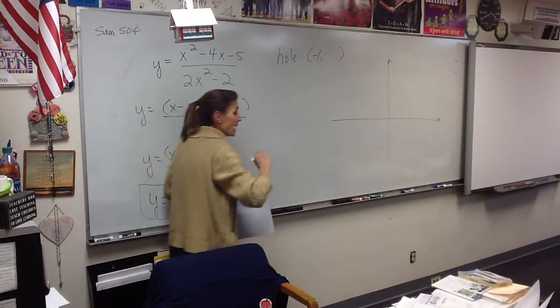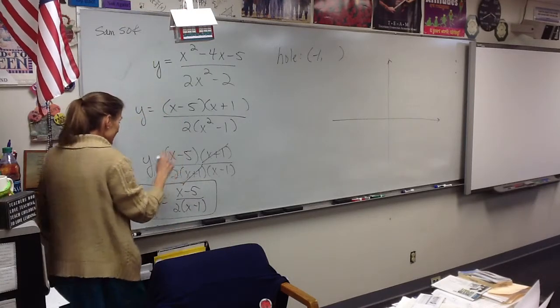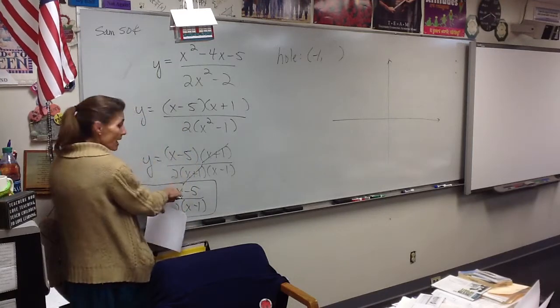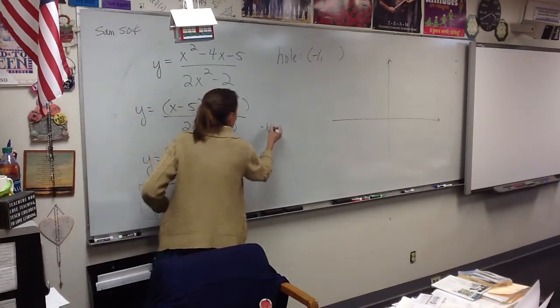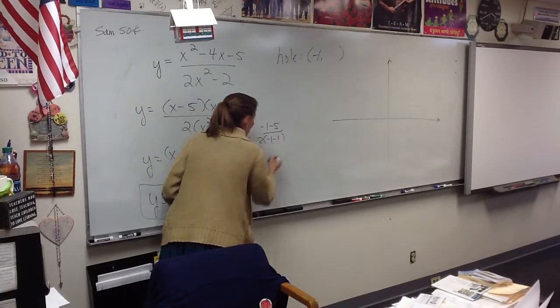Now, how do I find the y? Take the negative 1 and put it in for x. So that will be negative 1 minus 5 over 2 times negative 1 minus 1.